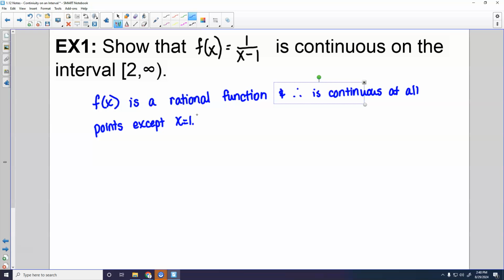Now, does it matter for our question that this function is not continuous at x equals 1? It does not, because our interval is from 2 to infinity, which does not include 1.